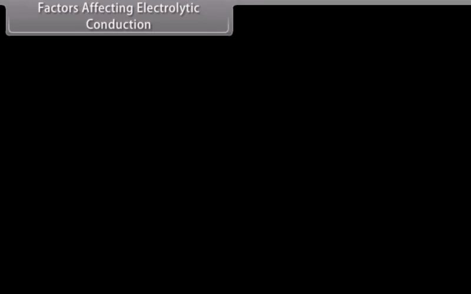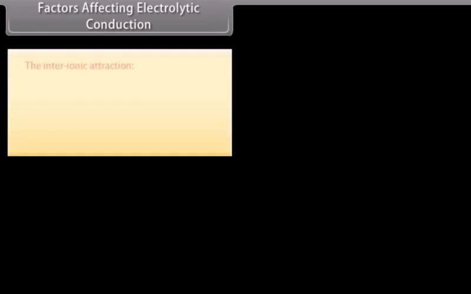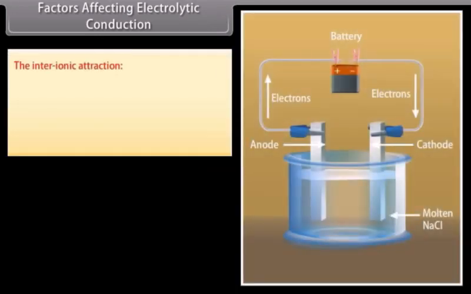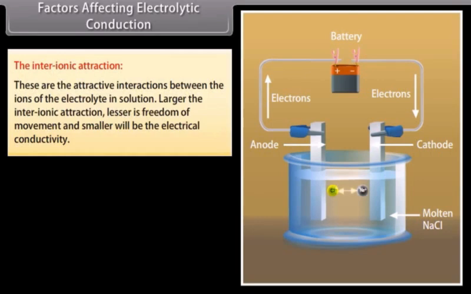Factors affecting electrolytic conduction. Electrical conductivity of the solutions of electrolytes depends on the following factors. The inter-ionic attraction: these are the attractive interactions between the ions of the electrolyte in solution. The larger the inter-ionic attraction, the lesser the freedom of movement, and the smaller the electrical conductivity.